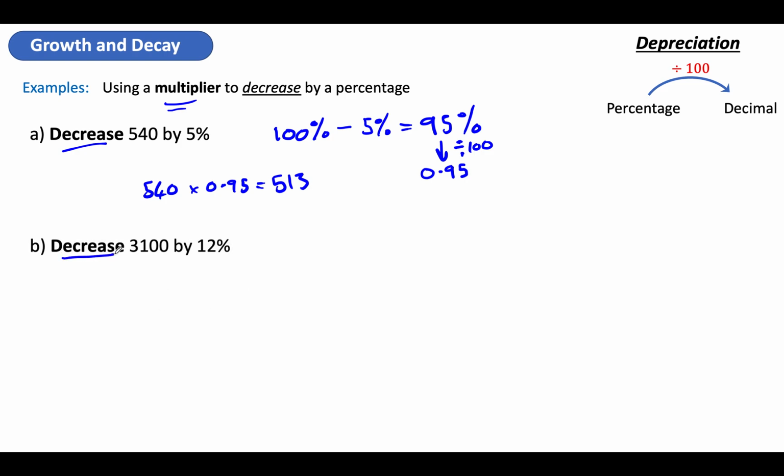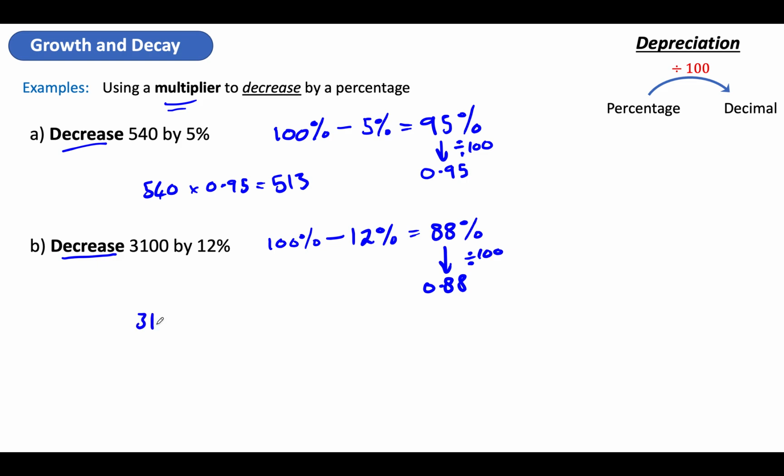Okay, again, so another decrease, this time by 12%. So start with your 100%. And we're going to decrease by 12%, so we'll take it off. And 100 take away 12 leaves 88, so 88%. And then turn it into that magic multiplier by dividing by 100. Turn it into a decimal, 0.88. And that's the magic reducing multiplier.